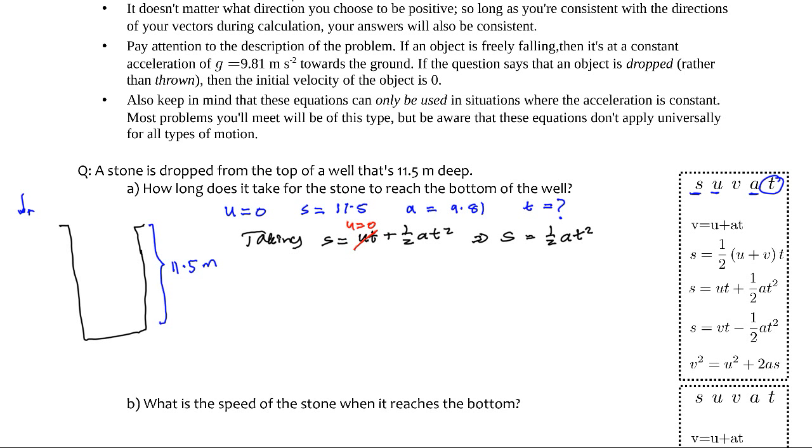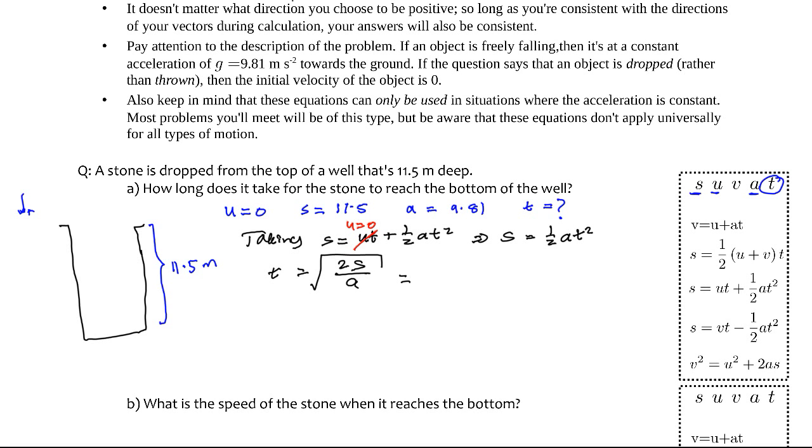So what do I get when I do that? I want to make t the subject, so t is equal to the square root of 2s divided by a. We are taking the positive square root, of course, because time can't have a negative value. Then I just substitute the values into the equation.